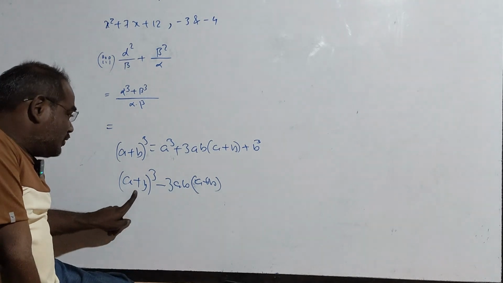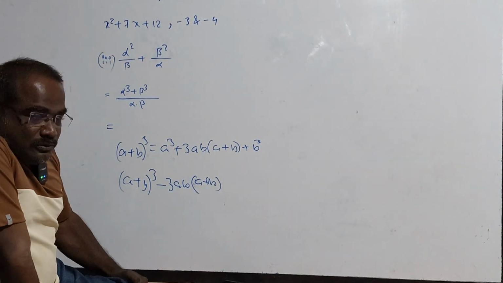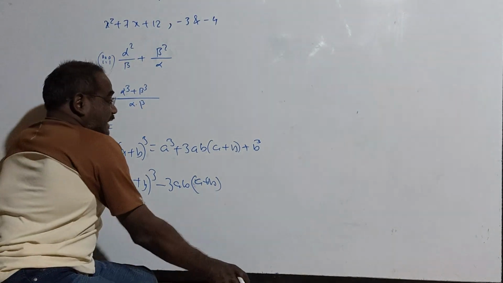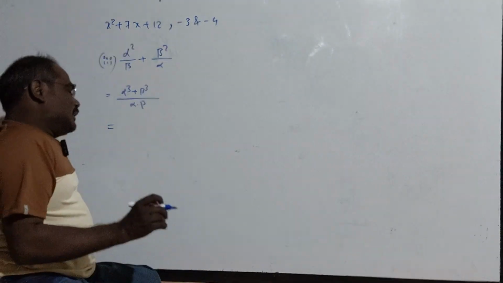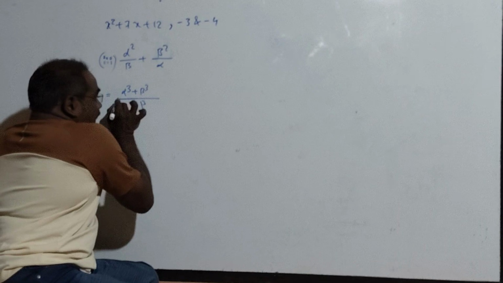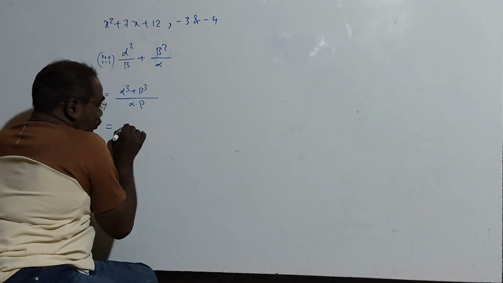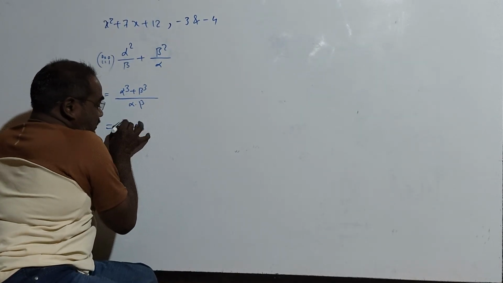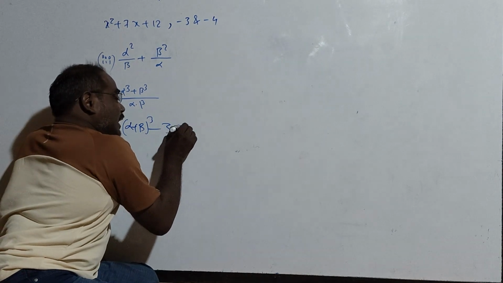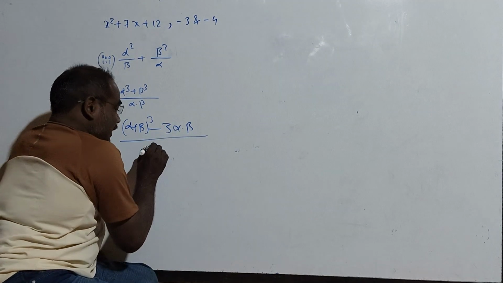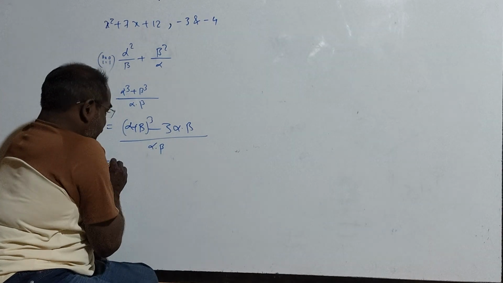Means sum of zeros, product of zeros, sum of zeros. So in that place, I can substitute right now. Convert everything into that term. In the place of alpha cube plus beta cube, what can I substitute? Alpha plus beta bracket cube minus 3 alpha into beta, divided by alpha beta.